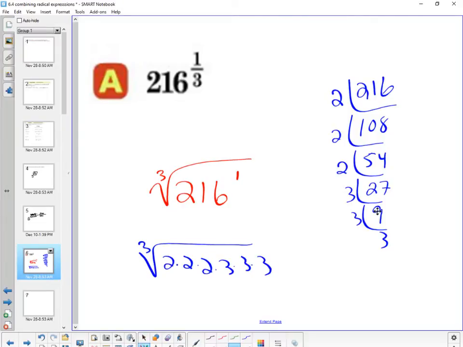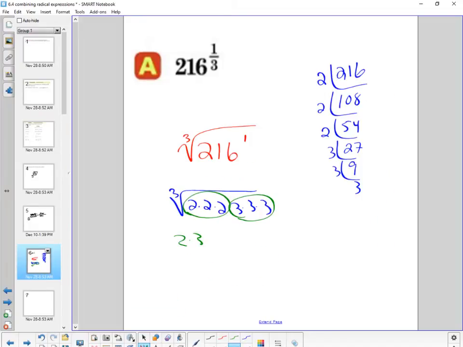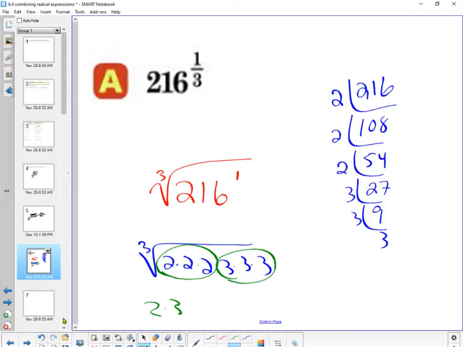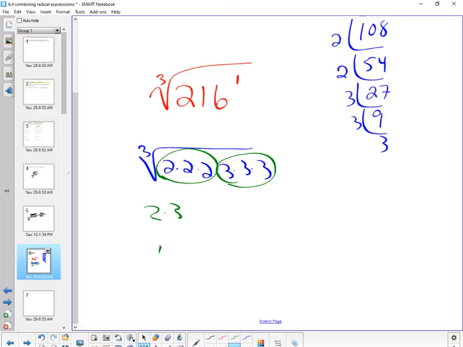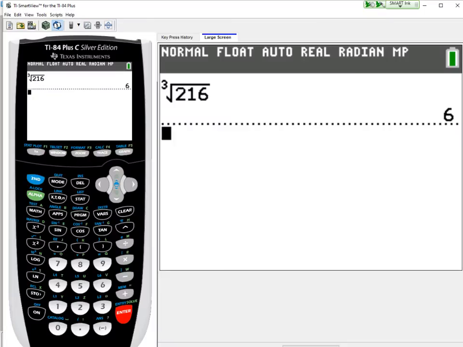For every set of 3, I get to bring one out, right? So I'm bringing out a 2 and a 3. What's 2 times 3? 6. So the third root of 216 is simply 6. And I just confirmed it with my calculator too.